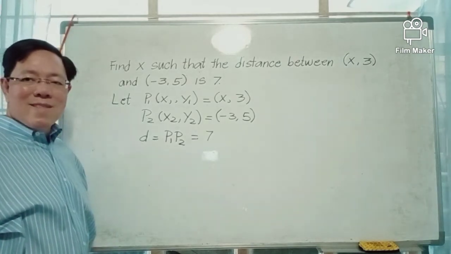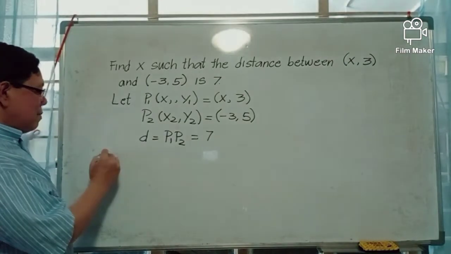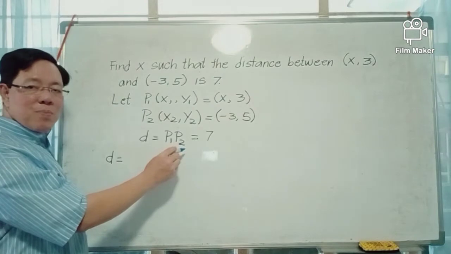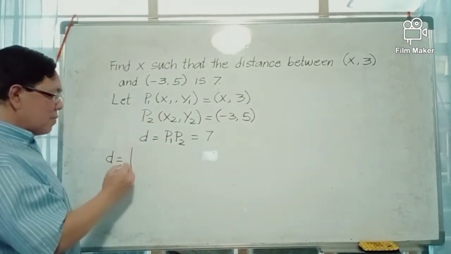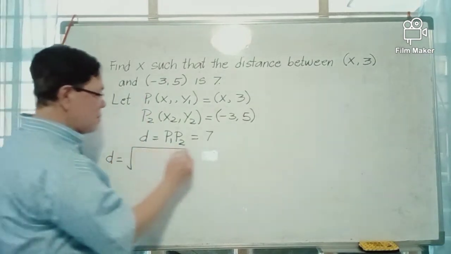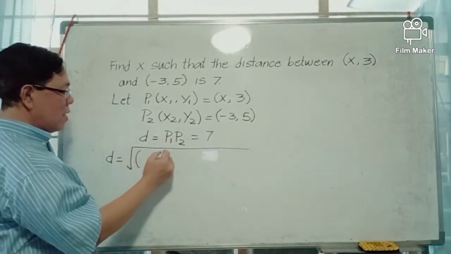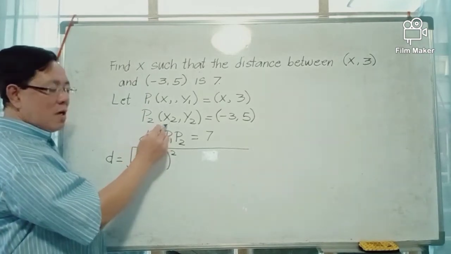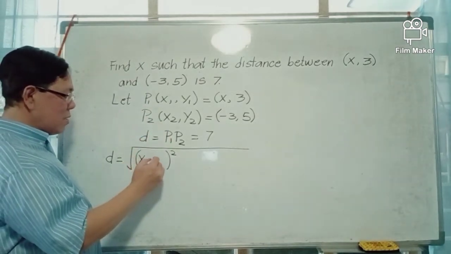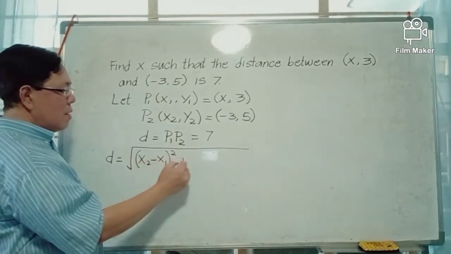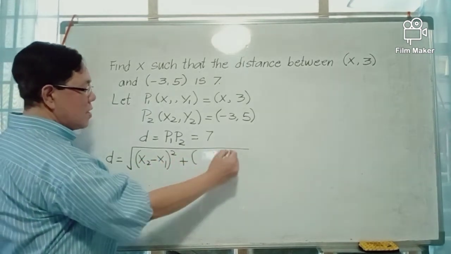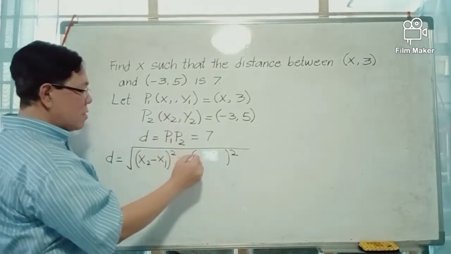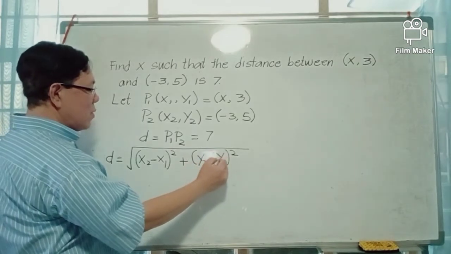Now we apply the distance formula. By distance formula, the distance D between these 2 points P1 and P2 is given by the principal root of the square of the difference between the abscissas of these 2 points, we start with x2 minus x1, plus the square of the difference between the ordinates of these 2 points, y2 minus y1.